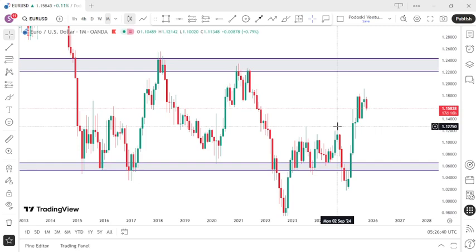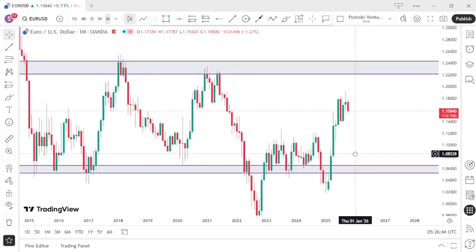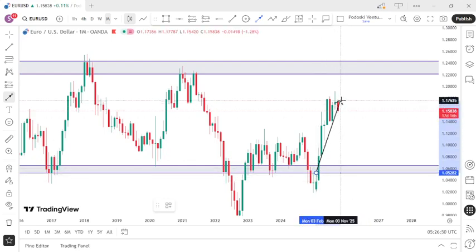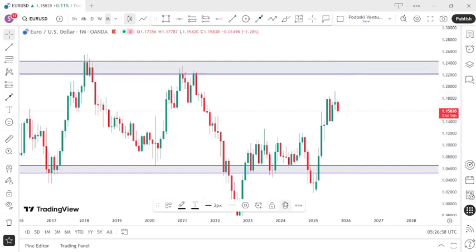From the monthly time frame, consider price is moving to the upside from this monthly lower zone all the way going to the upside. So we should be expecting price to tap into the monthly upper zone. As you go through the lower time frame, you'll be looking for buying opportunities on Euro USD.